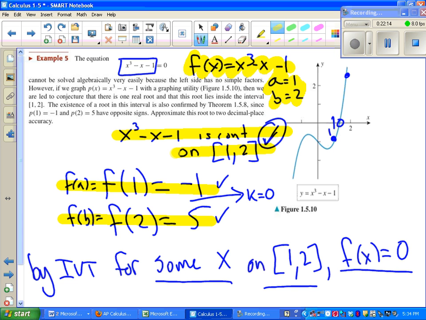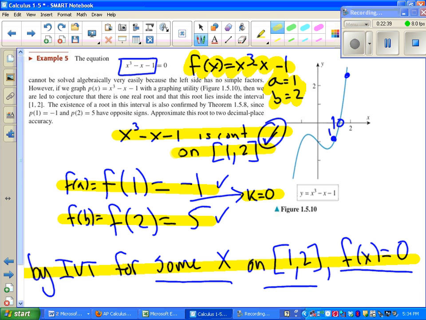That way, k equals 0 will be right in the middle. Not in the middle, but in between. Then you can make your conclusion. For some x, we don't know what it is, but we know it's between 1 and 2, f of x equals 0. It doesn't tell us how to find that x value. In fact, the only way I know how to find that x value is using a graphing calculator.